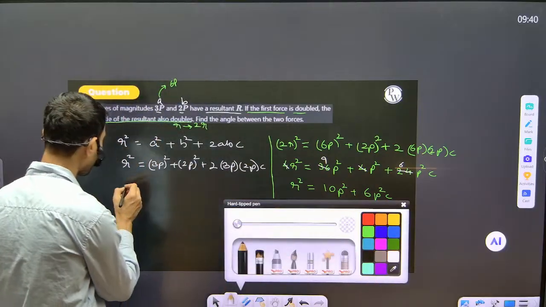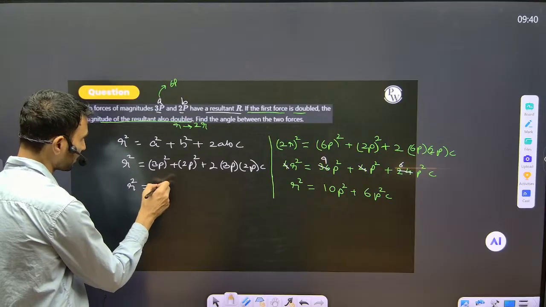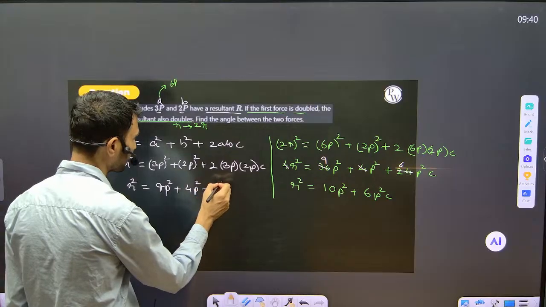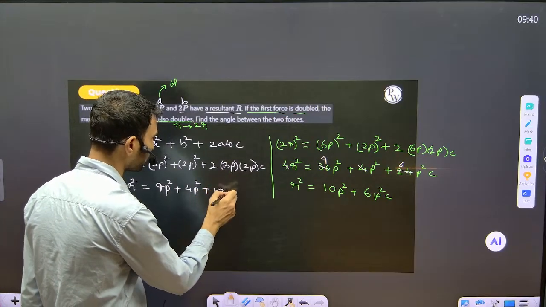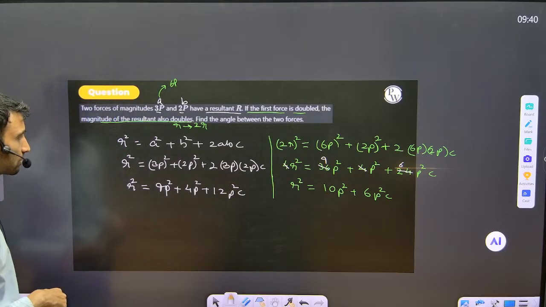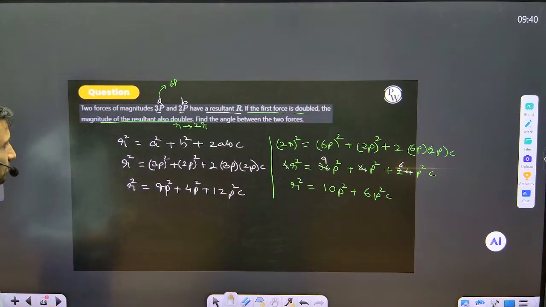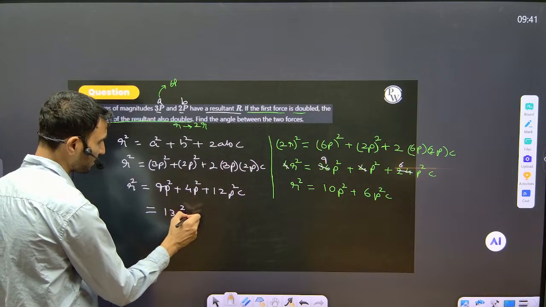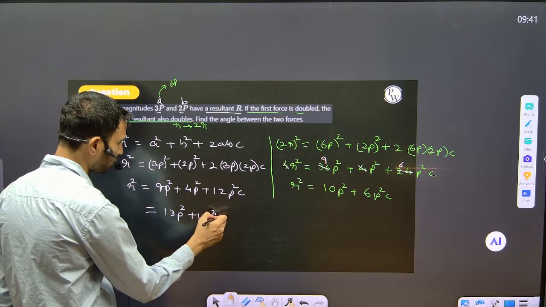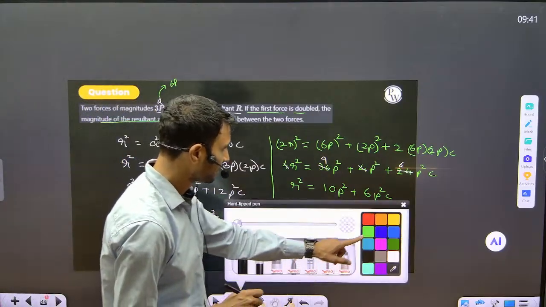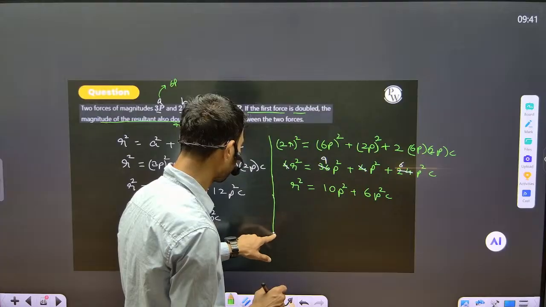Let's see, 9 p square plus 4 p square plus 12 p square c, which gives me 13 p square plus 12 p square c is equal to r square. Right? I hope you guys are understanding what we are doing here exactly. Right?